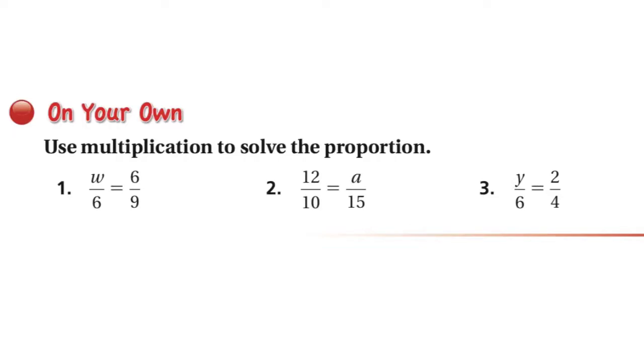In number 2, if you simplify 12 over 10 to 6 over 5, you can use it. And in number 3, if you simplify 2/4 to 1/2, you can use it there too. So when you solve these proportions, you can simplify the completed ratio just like you would simplify a fraction.